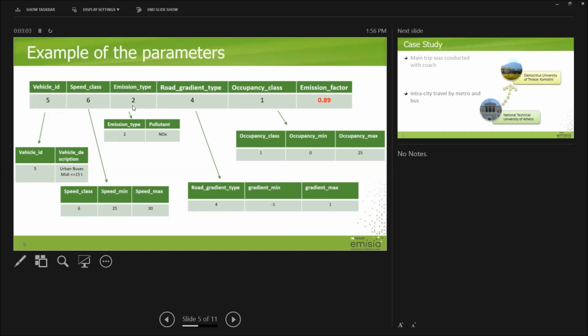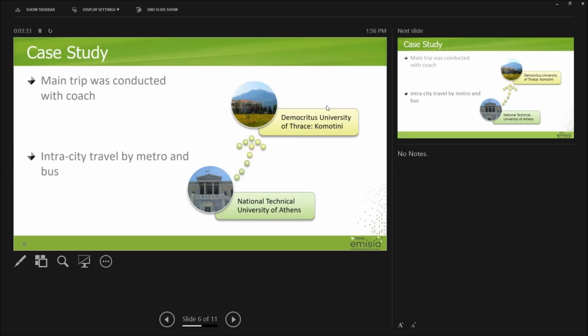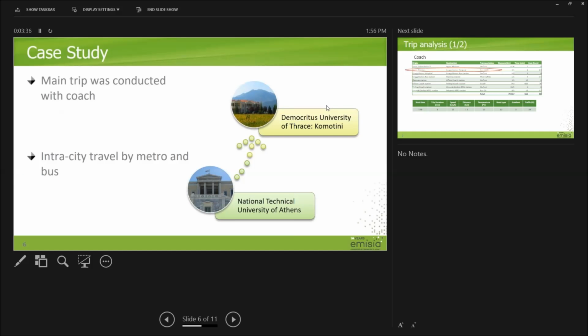For example, the emission type 2 is pollutant NOx. Road gradient 4 means that the road has a gradient between -1 and 1. And the occupancy class 1 corresponds to the occupancy class between 0 and 25 passengers. So combining all these parameters, we result to an emission factor of 0.89 grams per kilometer.